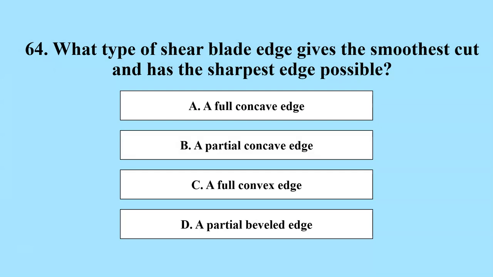What type of shear blade edge gives the smoothest cut and has the sharpest edge possible? A full concave edge, a partial concave edge, a full convex edge, a partial beveled edge. If you chose C, a full convex edge, you are correct.